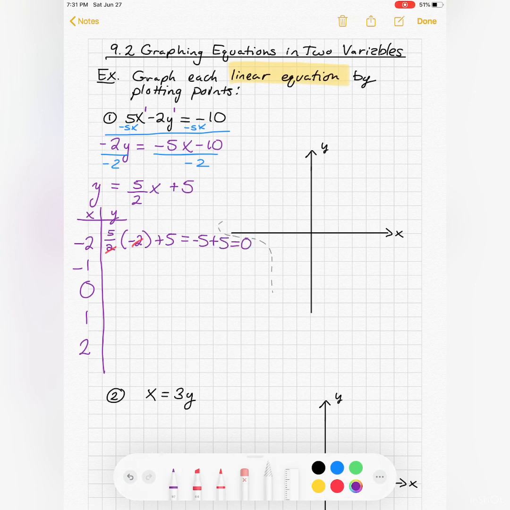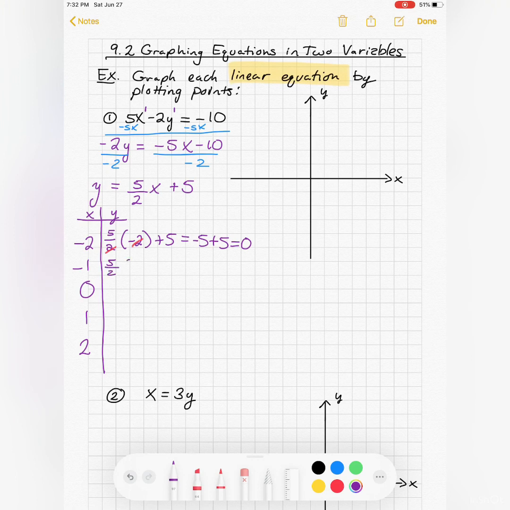I need more room here, I think. Okay, what about negative 1? So negative 5 halves, and then 5 multiplied by 2 over 2, that's 10 halves.